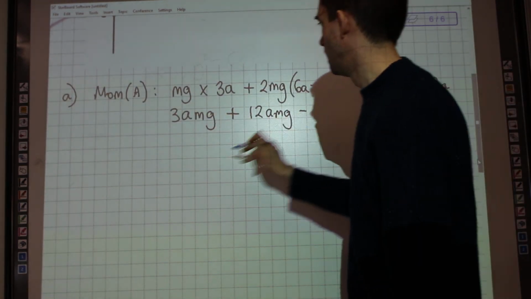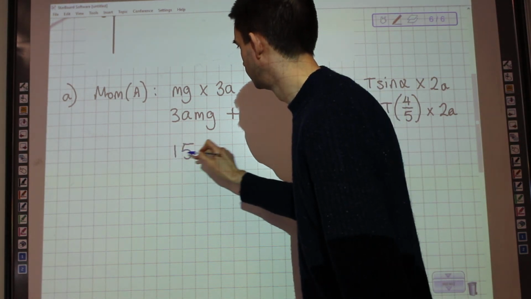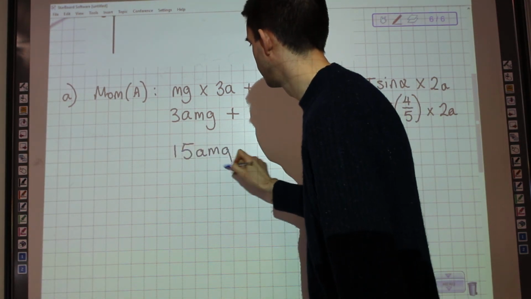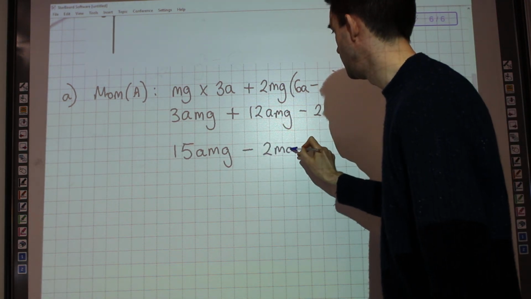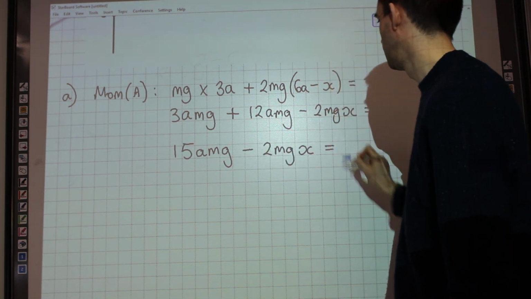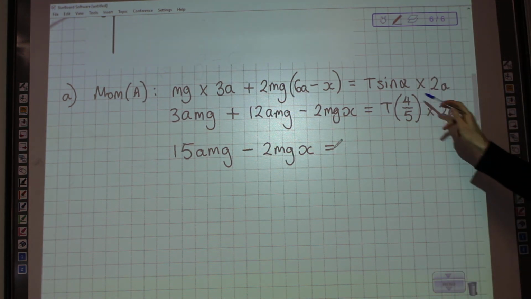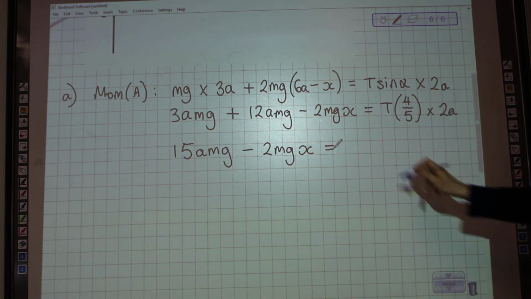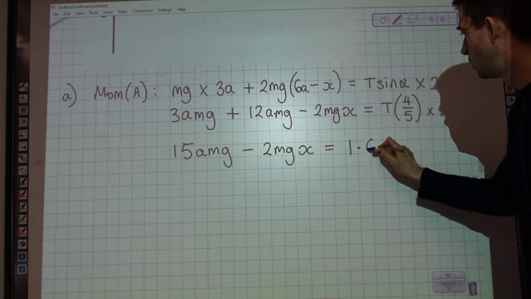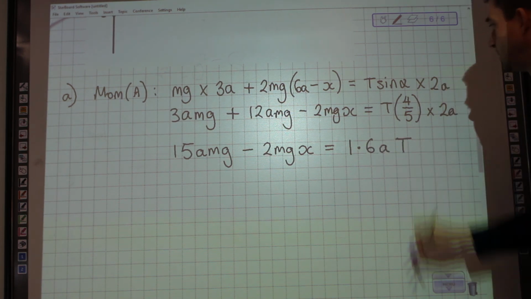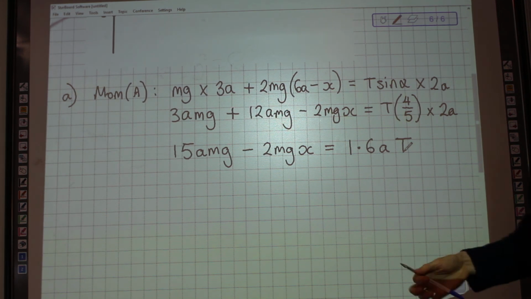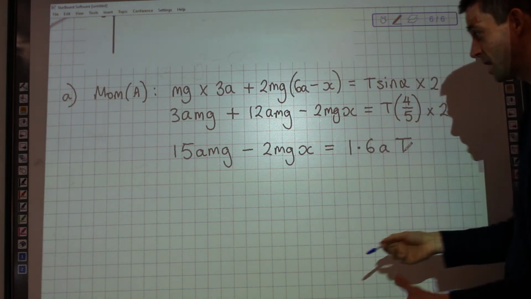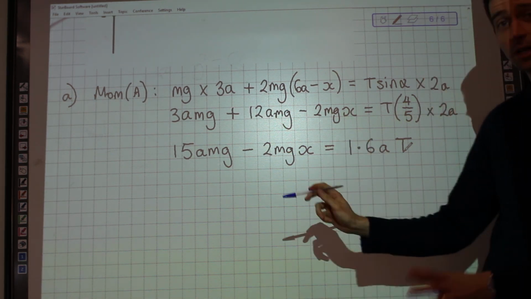Right, so I've got 15amg minus 2mgx is equal to, now 4/5 times 2, that's 1.6, 1.6aT. And we're being asked to find the tension in terms of a, m, g and x, so it's okay that I still have those unknowns in there.